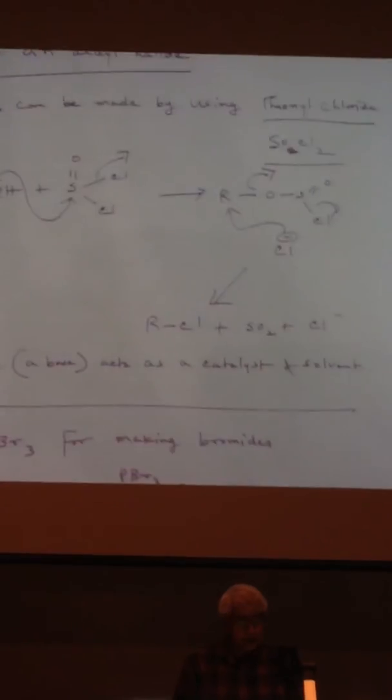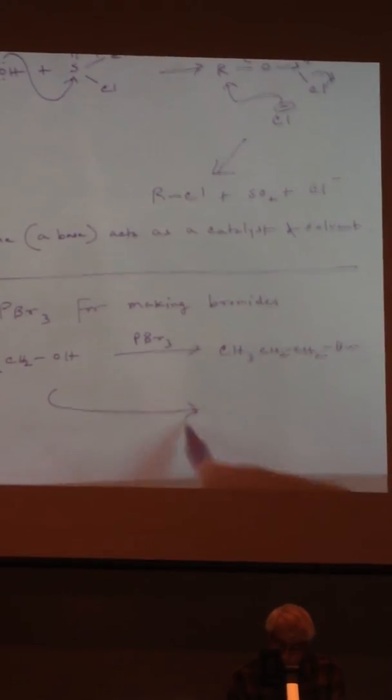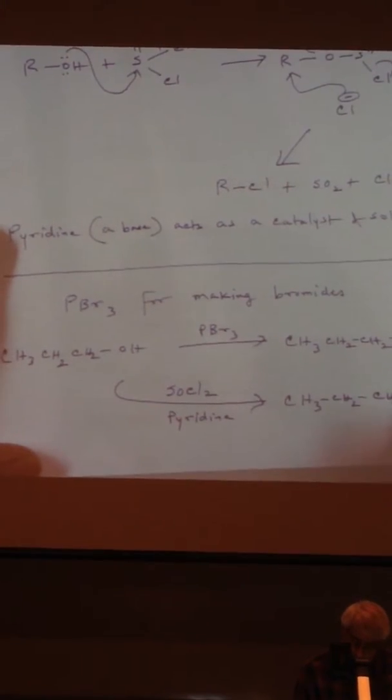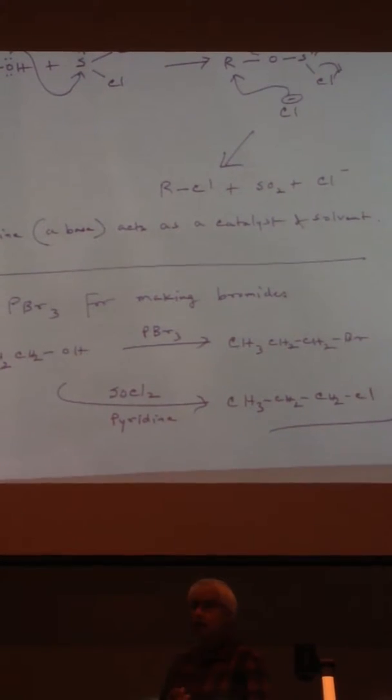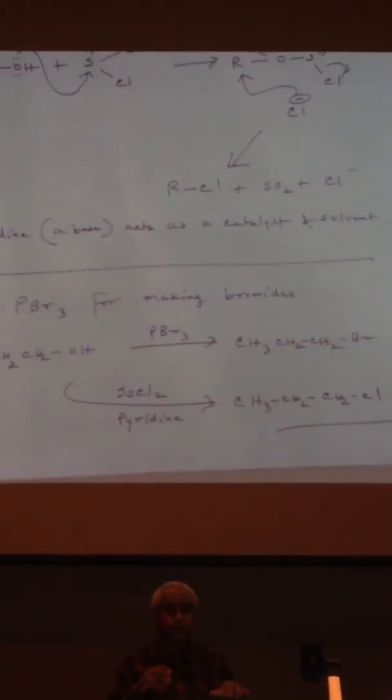Likewise, for the previous method using thionyl chloride, we can use SOCl2 plus pyridine to make the corresponding chloride. All right, any question? That kind of concludes the fourth chapter.